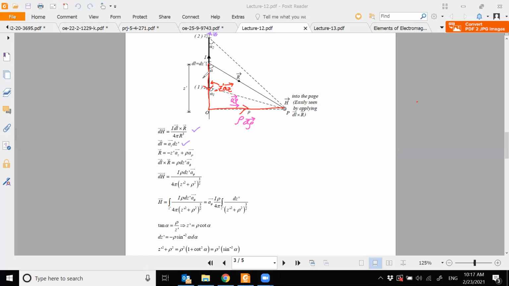And here, this was the az direction, and that's why it is minus z' az. So my R vector will be minus z' az plus rho a rho. So this is the distance vector.